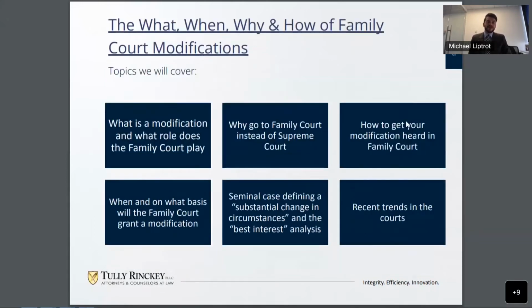Okay, so today we're going to handle the what, when, why, and how of family court modifications. Specific topics we're going to cover. What is a modification? That might seem obvious, but there are some caveats there as far as what the family court can and can't do. It depends on if you are coming from a post-divorce judgment or did you get your initial order in family court.